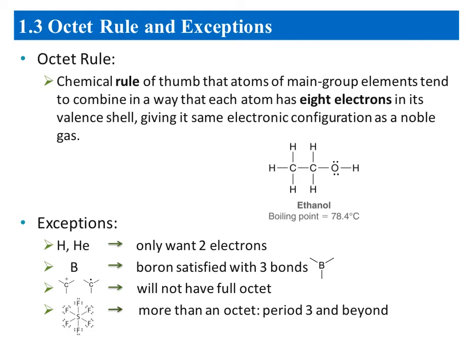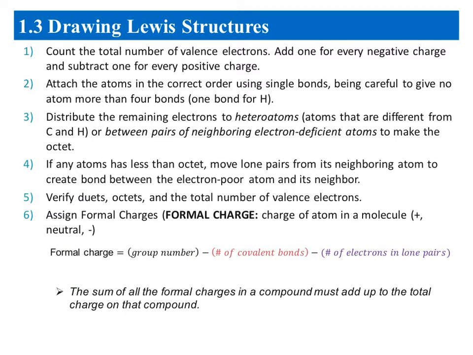And there are some atoms in row 3 and beyond that do not follow the octet rule. So if you look at sulfur fluoride here, the sulfur has 2, 4, 6, 8, 10, 12 electrons around itself. So they are not following the octet rule. How do we draw Lewis structures for different molecules?